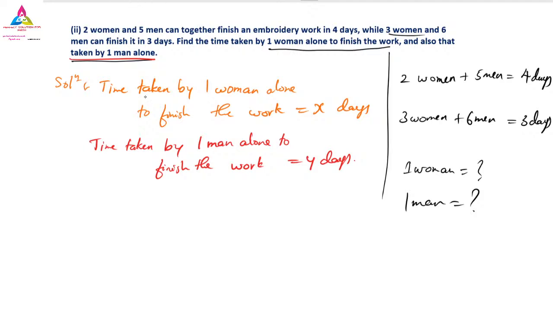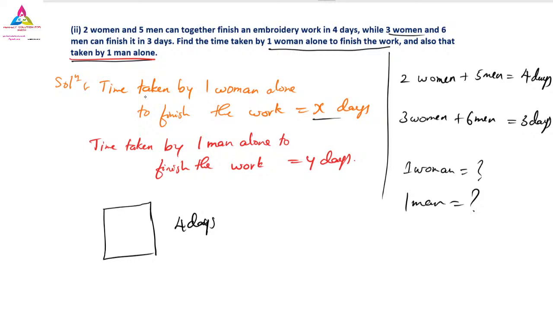According to the statement, okay, see, for example, one woman will finish one work in x days, means how much portion of the work will she finish in one day. For example, if you are given an assignment to write, you will take 4 days to complete one assignment.